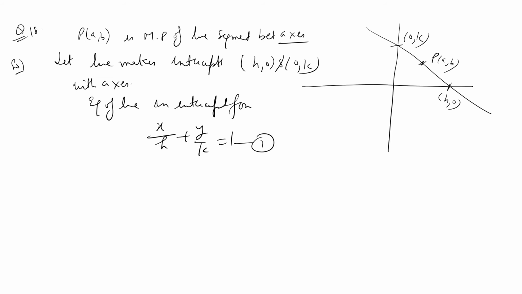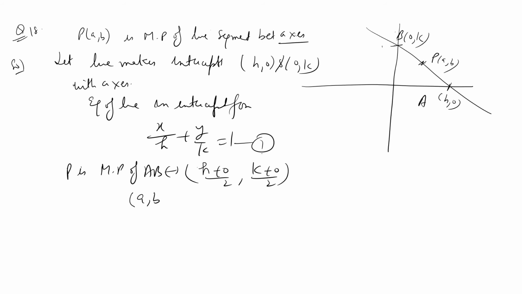Now here P is the midpoint of AB. So using the midpoint formula, the coordinates of P will be (h plus 0 upon 2, k plus 0 upon 2). The midpoint is given as (a, b), so this is h by 2, k by 2. If the coordinates are equal, the value of h is 2a and k is 2b.